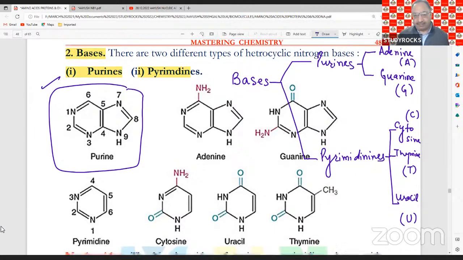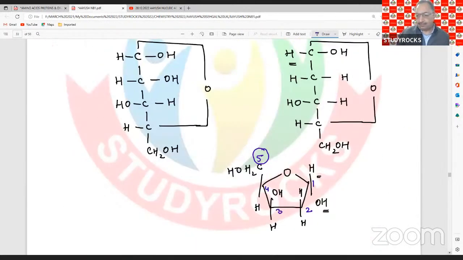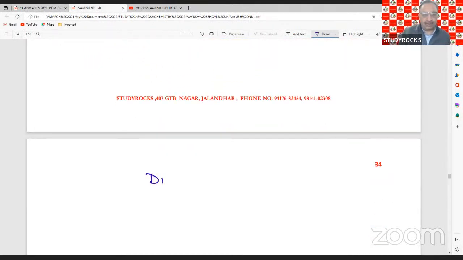In DNA, write down like this. Now, DNA contains adenine, guanine, cytosine, thymine.